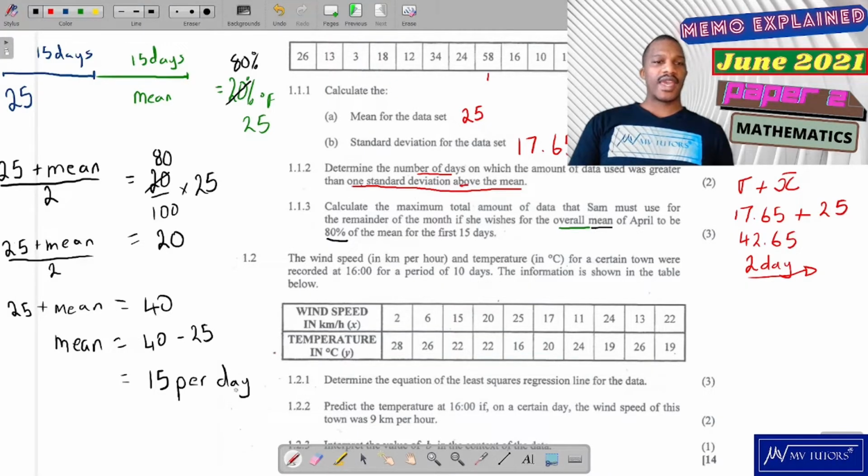Okay, and if you look here, how many days do we have? We have 15 days. So to get the total amount for the month, we have to say 15 days, which is the remainder of days, times the 15 megabytes. Okay, so these are megabytes per day.